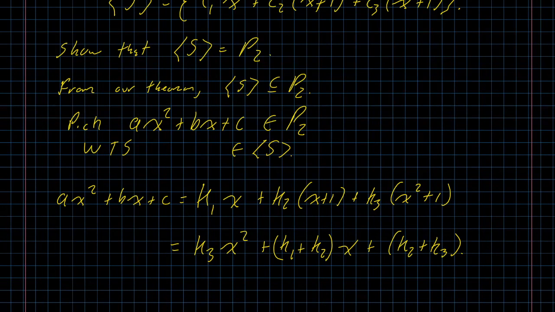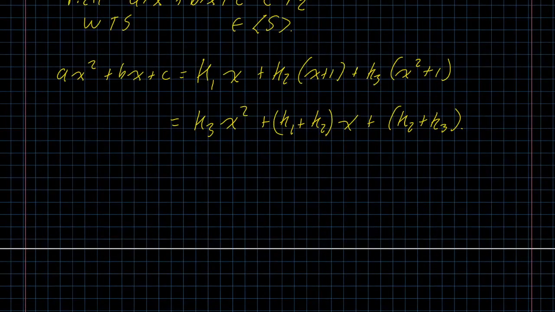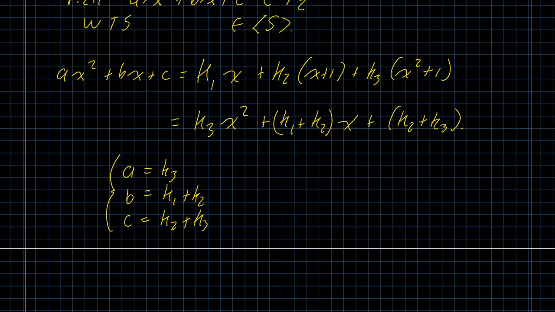In order for two polynomials to be equal, it must be the case that corresponding coefficients are equal, which means in this case that a is equal to k3, b is equal to k1 plus k2, and c is equal to k2 plus k3. a, b, and c are fixed.